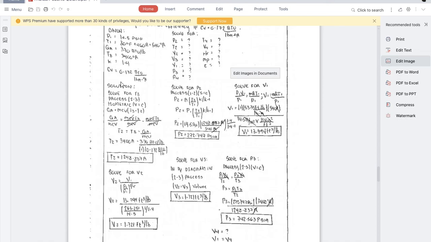So T3 is 3400 R minus 370 BTU per pound over 1 multiplied by 0.172 BTU per pound R, and T2 is equal to 1248.837 R.